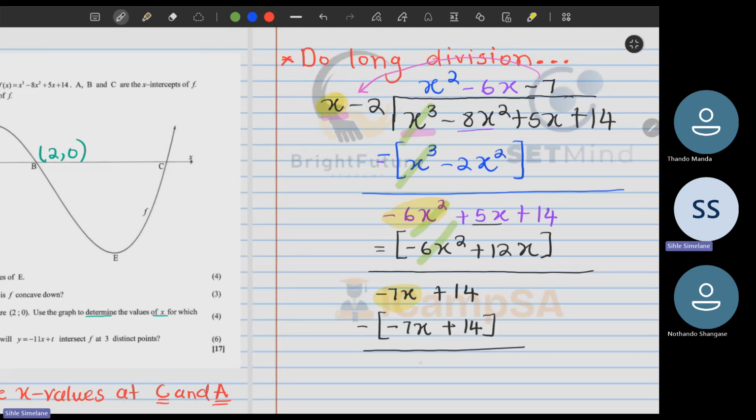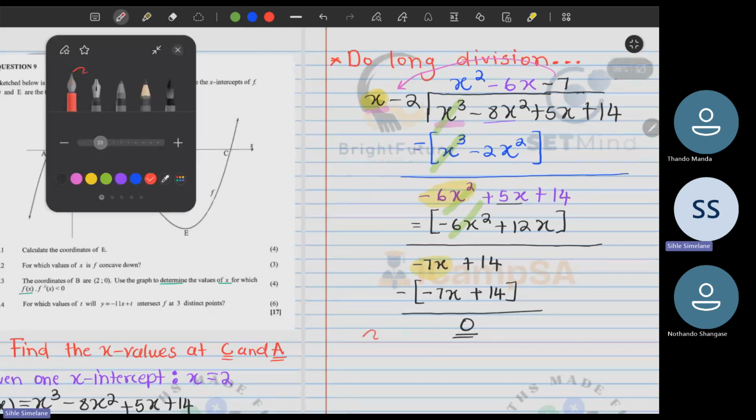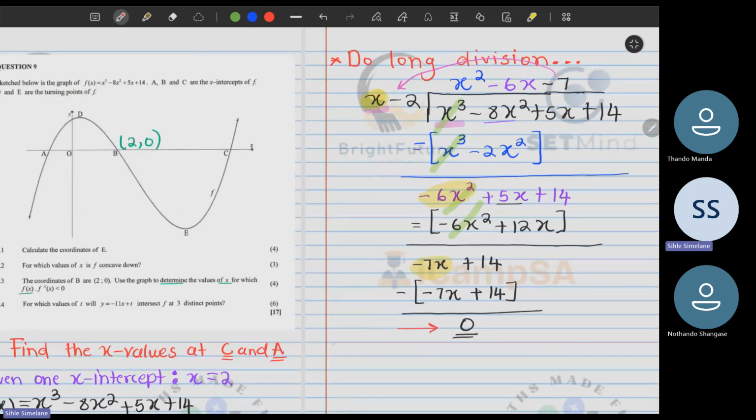When you subtract this, you get 0, and this is when we stop. We stop when we get a 0 with long division. Okay? So that is what happens.